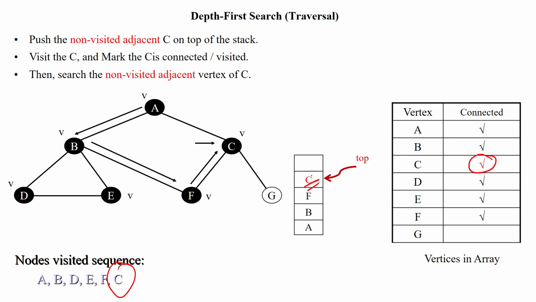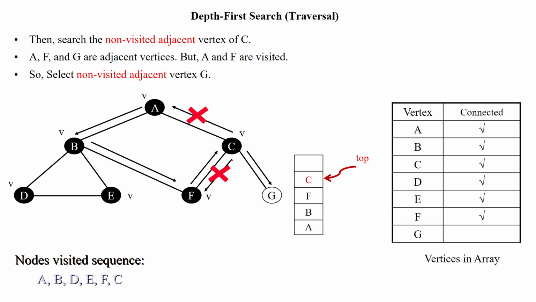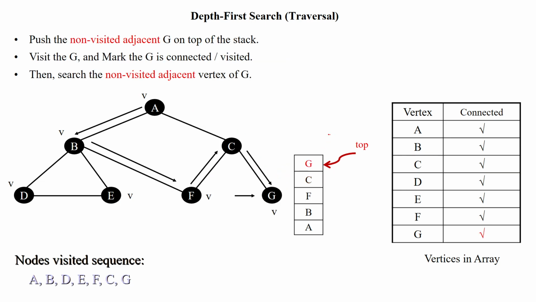After pushing C, we have to identify the adjacent vertices of C. The adjacent vertices of C are F, A and G, but A and F are already visited, so no need to push them; we can ignore F and A. Now we push G into the stack, which is marked by the top of the stack pointer.